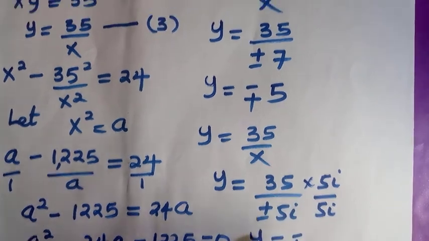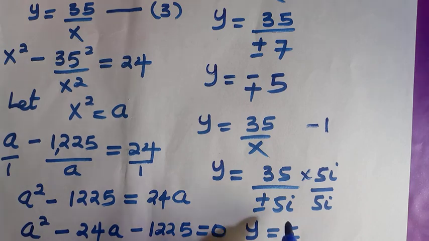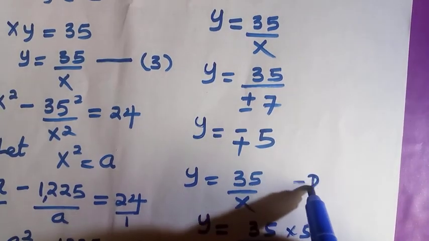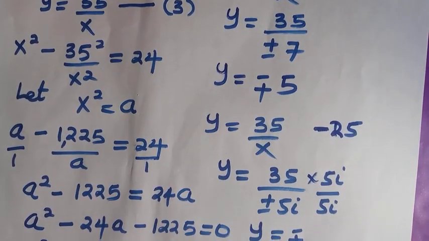If you multiply i and i, that is negative 1, and then 5 multiplied by 5 is 25, so the entire denominator becomes minus 25.